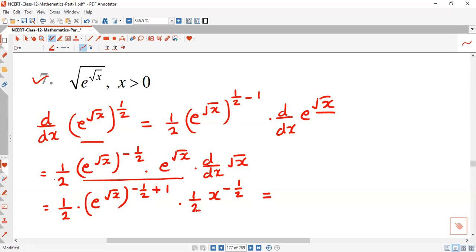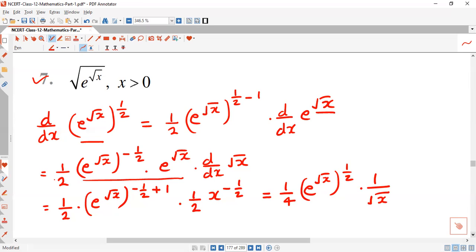So this will come out, you can say 1 by 2 and 1 by 2 becomes 1 by 4, e raised to root x power half, and you see this x raised to minus half is there, so I can write down here 1 upon root x.